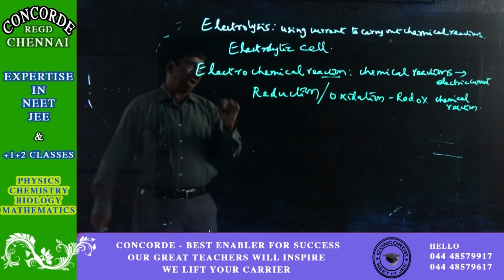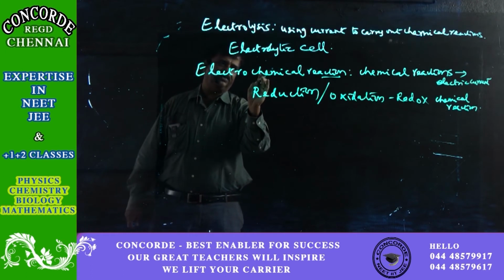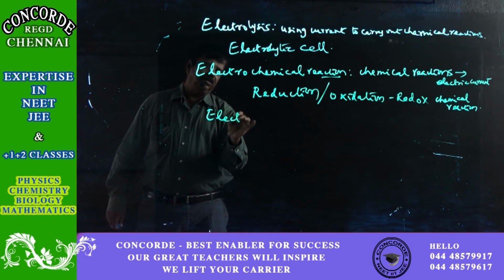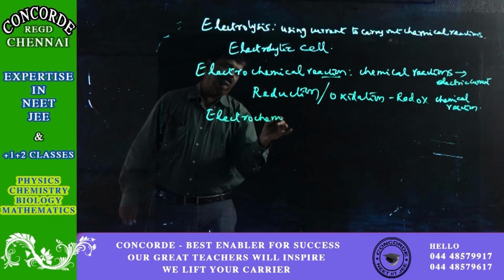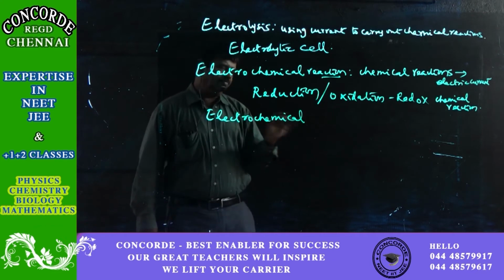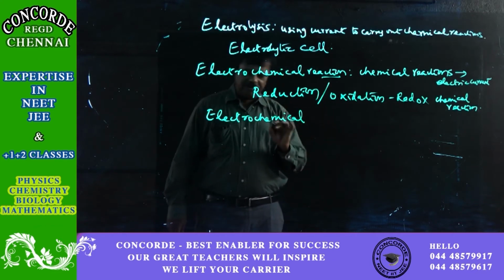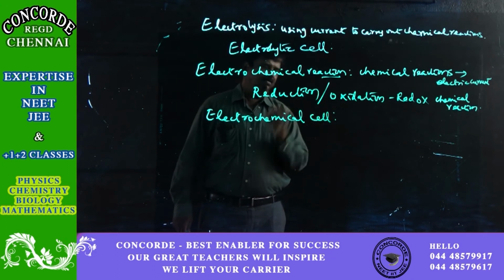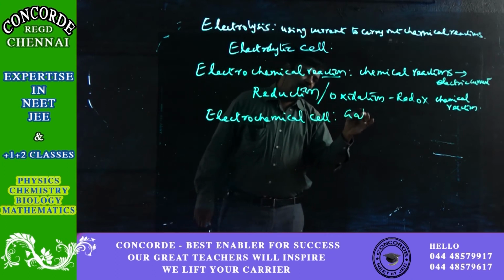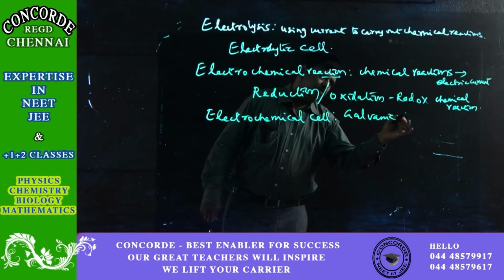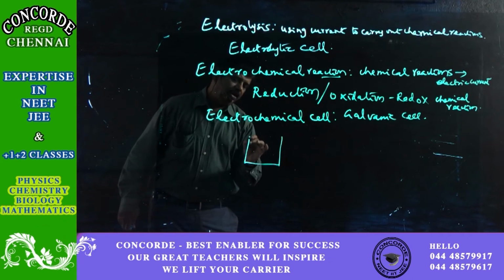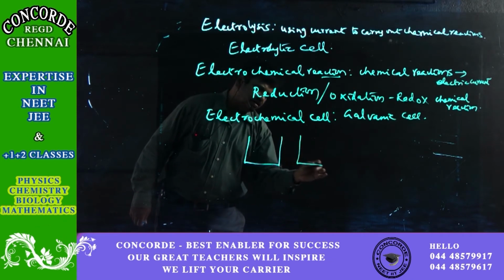Wherever this electrochemical reaction is happening, that is called the electrochemical cell. Now we will study the simple galvanic cell. In the galvanic cell you have two compartments: an anode compartment and a cathode compartment.